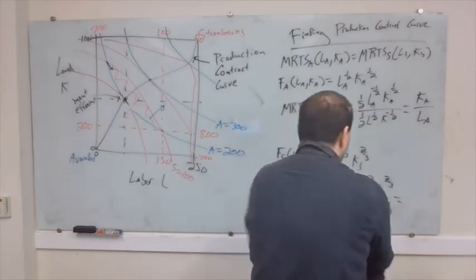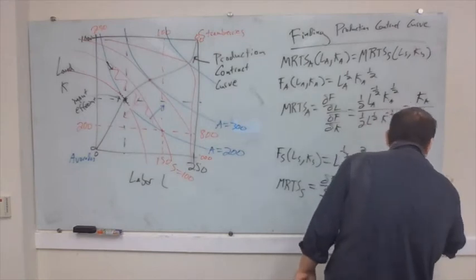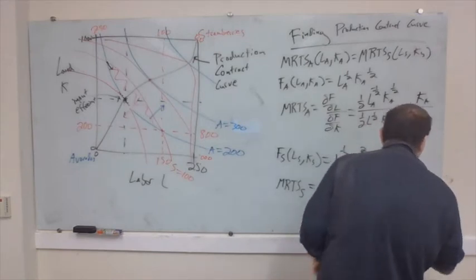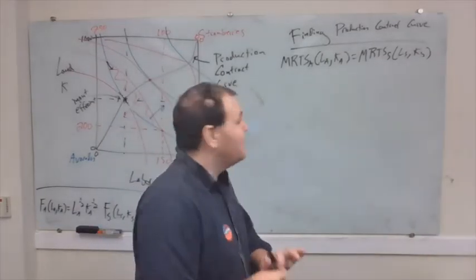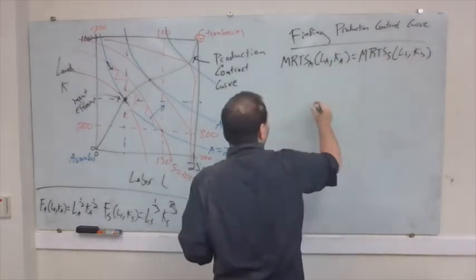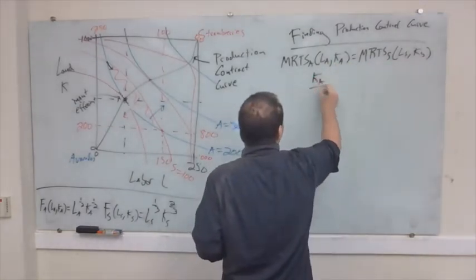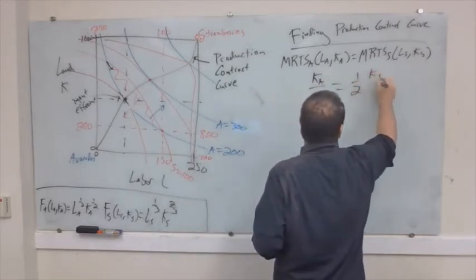So 1/3 divided by 2/3, I'll have 1 over 2 times again K_S over L_S. Awesome. So what does this mean? It means that when I want to set the MRTS in avocados equal to the MRTS in strawberries, I'll be setting K_A over L_A equal to 1/2 K_S over L_S.